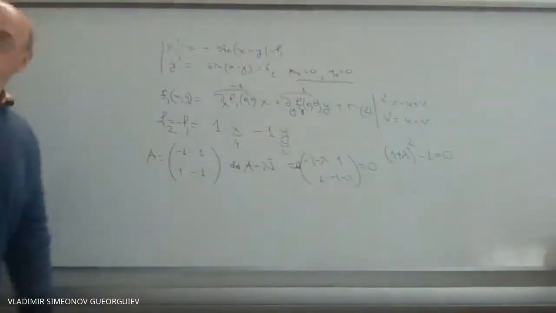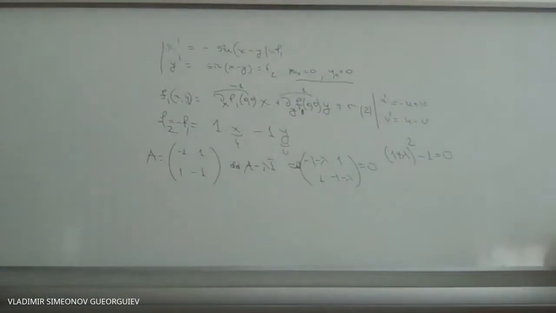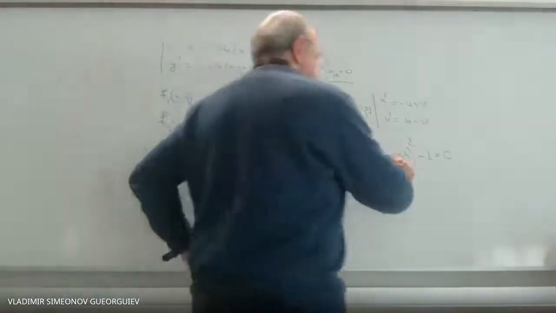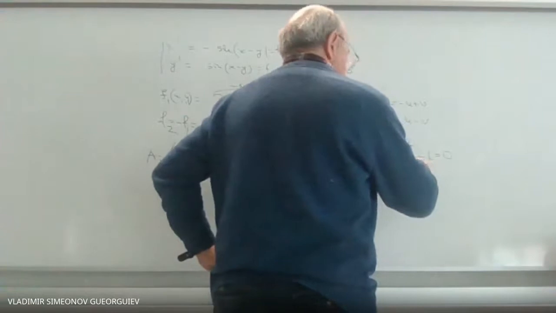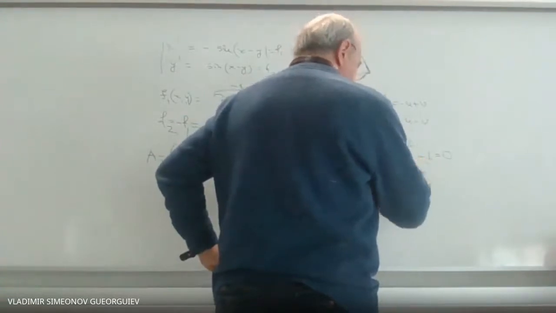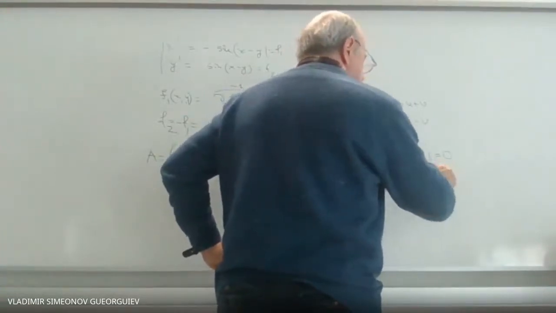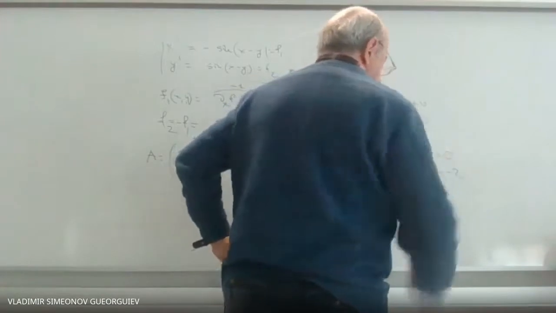This you can solve very easily. One root is lambda equals 0, and the other root is lambda equal minus 2, if I'm not mistaken. So lambda 1 is, for example, minus 0. Lambda 2 is minus 2.